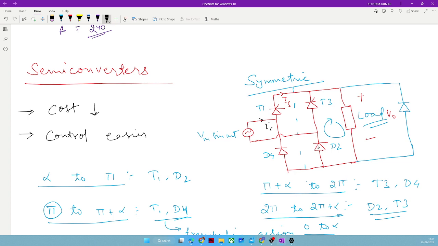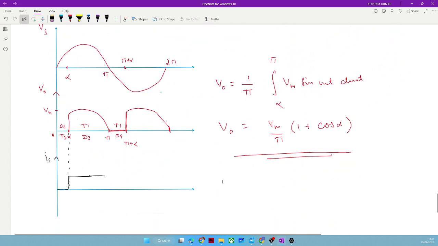It will enter T1 and return from D2. And IS we will consider positive here, so it will be positive till pi.